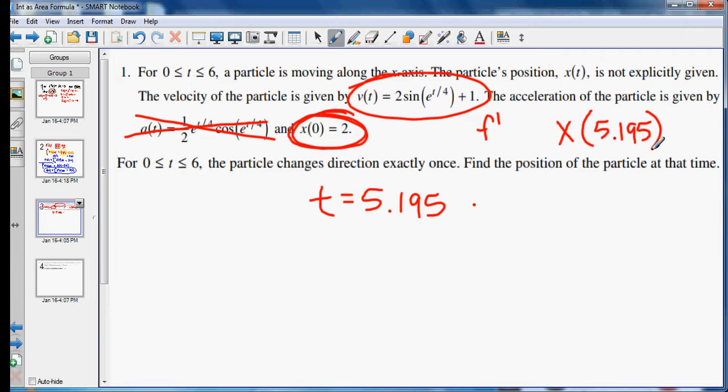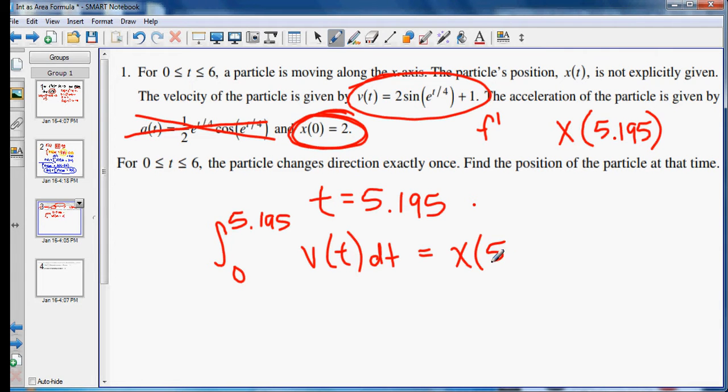If you think about it, the integral from 0 to 5.195 of the velocity equation would equal the position function at 5.195 minus the position function at 0. That's just the first fundamental theorem. We take the antiderivative. The antiderivative of the velocity function is the position function.